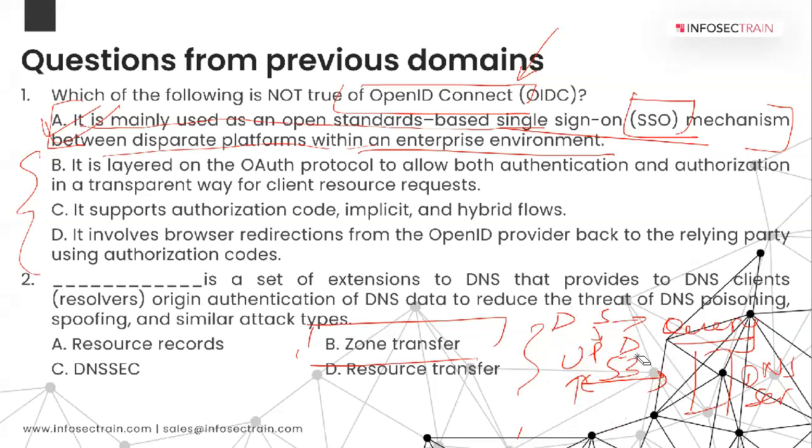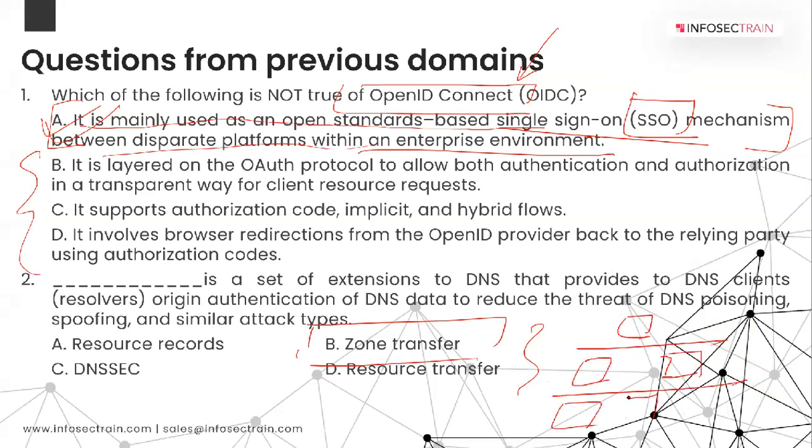In zone transfer, you do not have one single DNS server. You have multiple DNS servers, and one DNS server where you can modify the DNS record for a particular A record or AAAA record. That is, this one for IPv6 and this for IPv4.